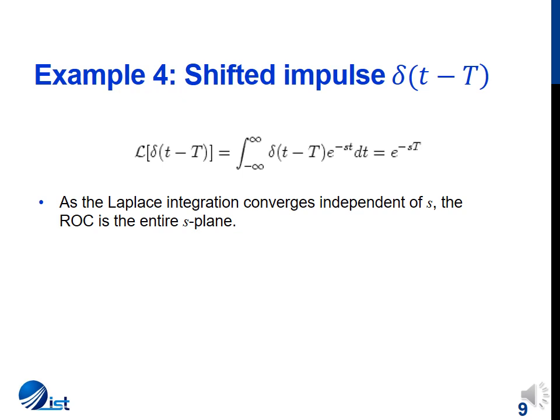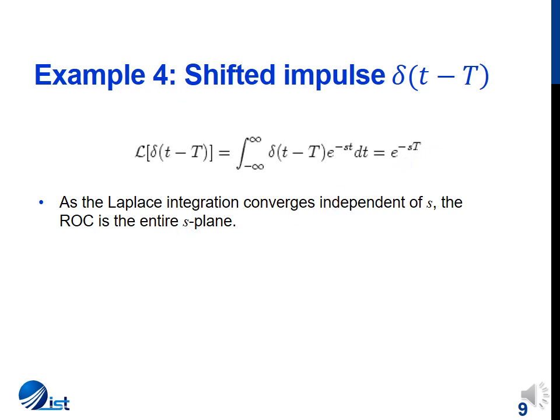As the Laplace transform for this impulse was determined based only on the existence of the impulse, what is the ROC, or region of convergence, of this Laplace transform? Well, it is the entire S-plane, because the integration is independent of the value of s in this case.